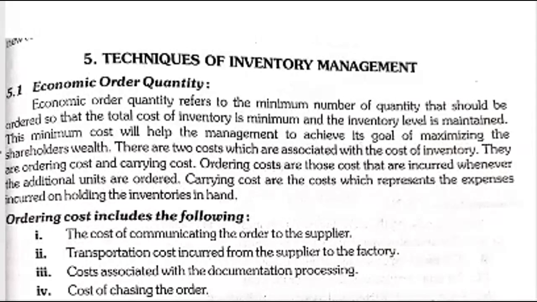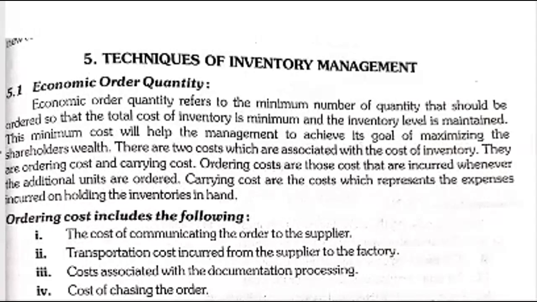It is a cost which is incurred by placing an order to the supplier. Whenever you place an order to the supplier, you have to incur a cost, that is ordering cost. Similarly, there is another kind of cost which is related to EOQ, which is carrying cost. Carrying cost is a cost which represents the cost of holding inventory in hand. It is the cost of keeping inventory.